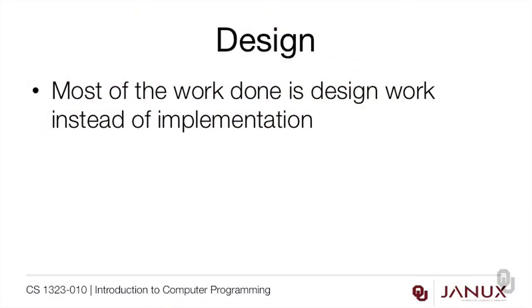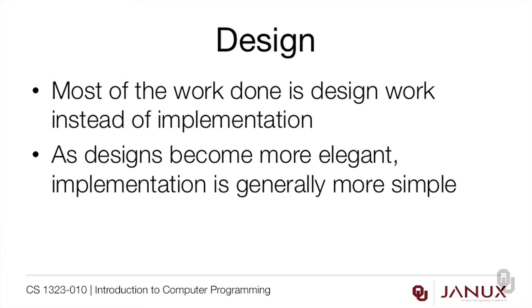Now you probably noticed that in this presentation I've done a lot less implementing of code, although I did implement quite a bit of code before it started. Instead, we focused our efforts on design. The design work is really the important part of the work. As you go on, the implementation tends to get easier and easier, and the design work tends to get more challenging.